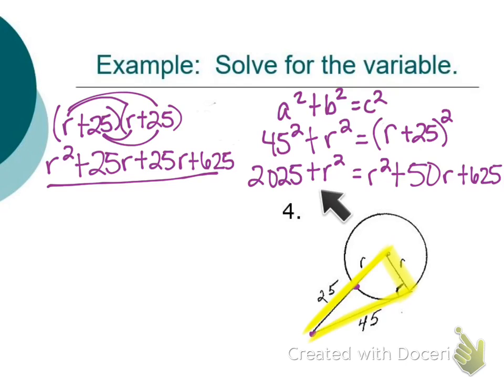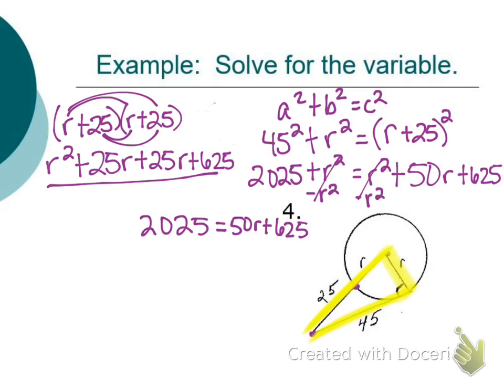So, if I want to move this R squared term, I'm going to have to use what operation? Subtraction. But if I subtract it from one side, I have to subtract it from the other. Now, what happens when I do that? They cancel out on both sides. So now we don't have R squared anymore. We just have 2025 equals 50R plus 625, and this gets a lot simpler to solve.